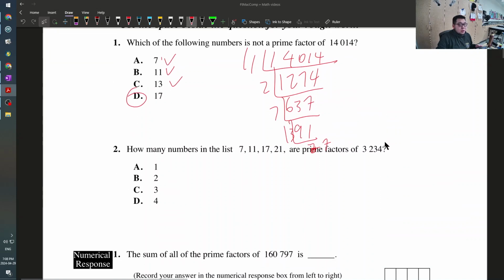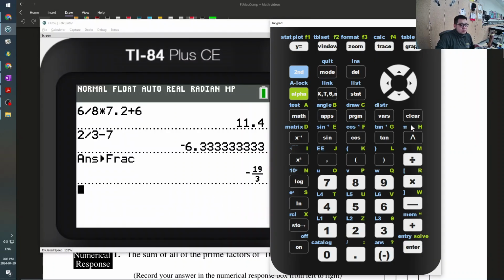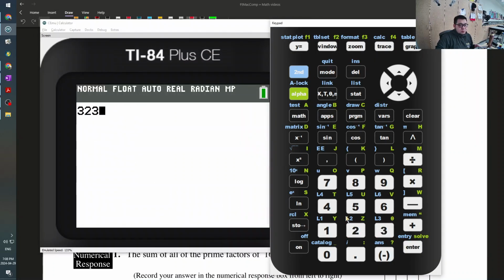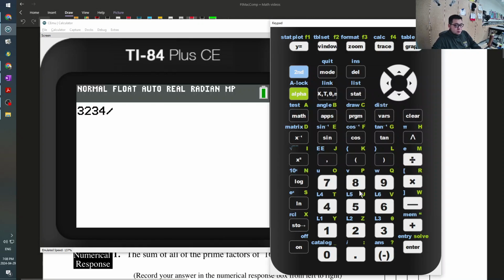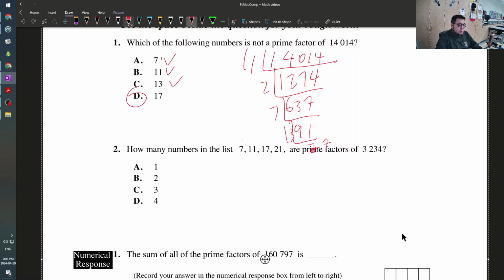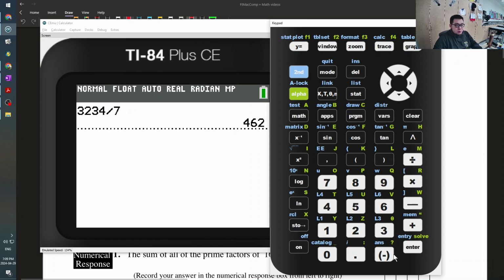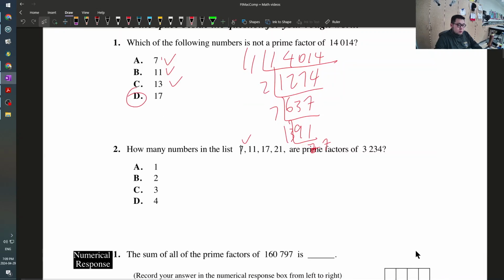2. How many numbers on the list are prime factors of 3234? This time I'm just going to divide. 3234 divided by 7, so 7 is a prime factor. 3234 divided by 11 gives 294.